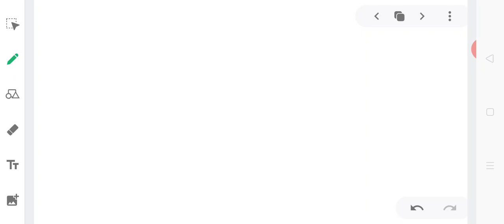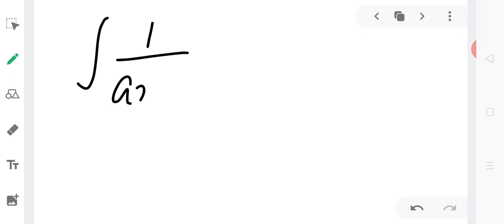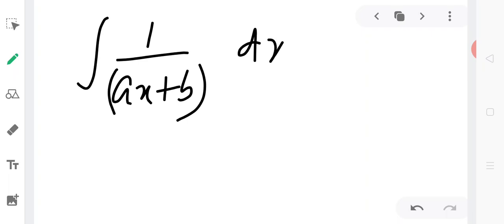For example, you are asked to integrate this function.